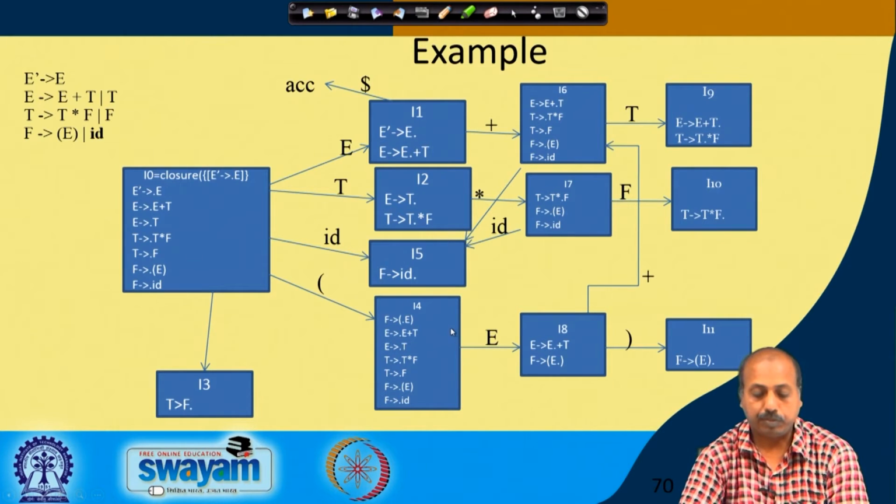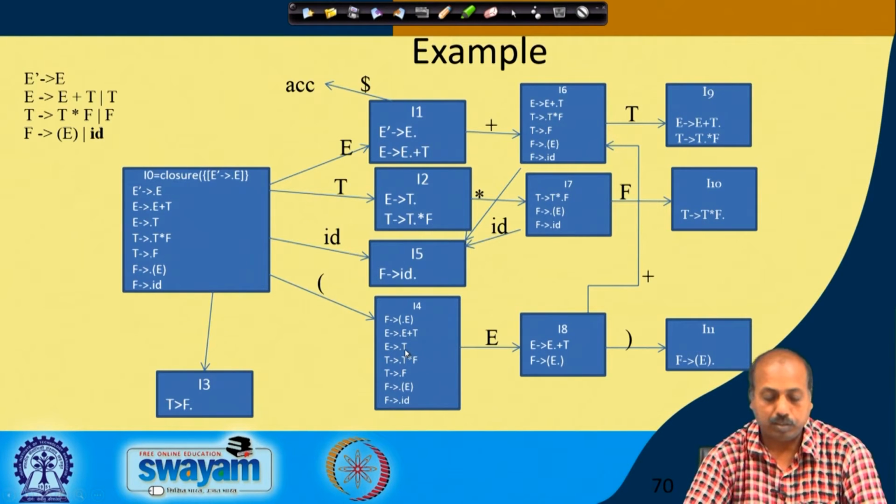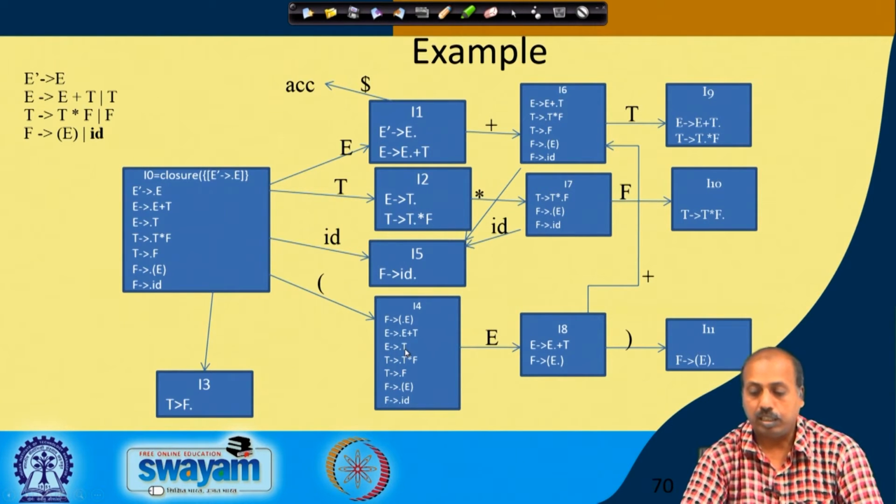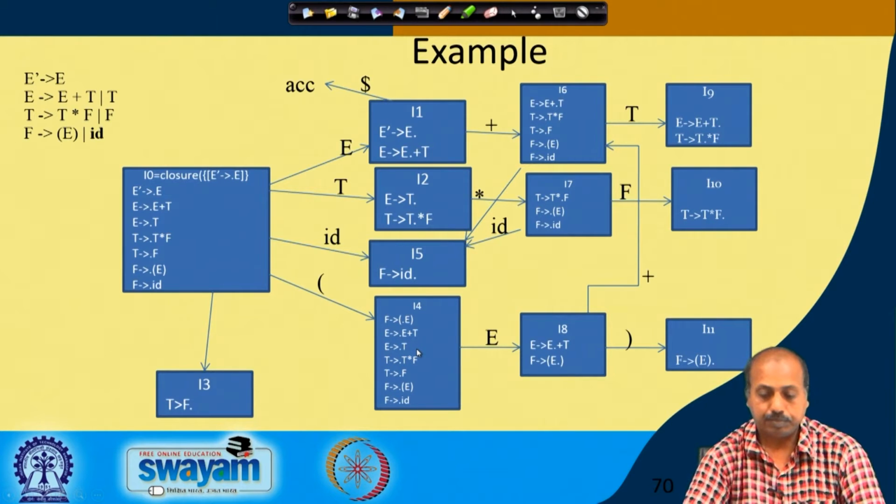And from this one I will also have rules on T. On T it will go to E producing T dot and T producing T dot star F. These two will come, and that will give me the set of items I2 only, so that does not give us any new set of items.